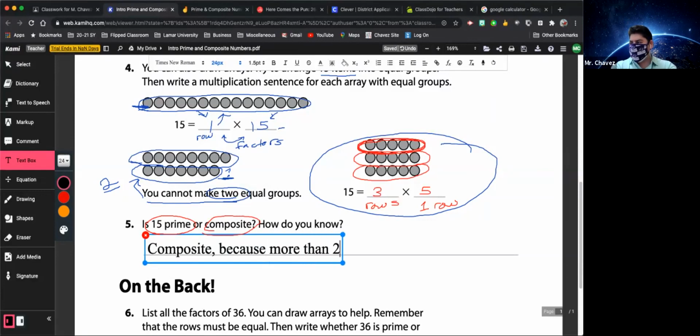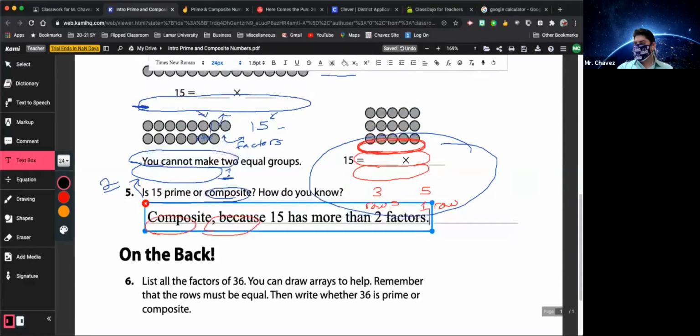More than 2 factors. So let's put it in a good sentence: because 15 has more than 2 factors. Now use the text box right here and type in your answer.